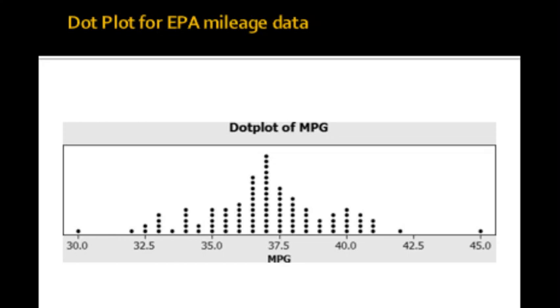As you can see, we have a minimum at 30, a maximum at 45. A lot of observations are around the range of 36 and 37. And if you look at the shape of the graph, it is a symmetric, bell-shaped curve with most of the observations in the middle.